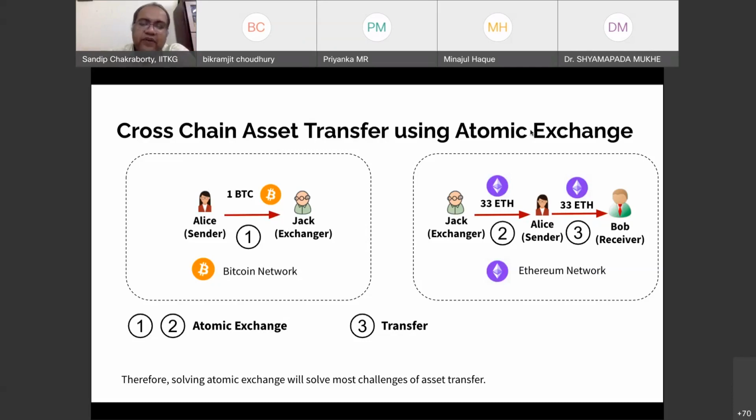So if you can solve this atomic exchange problem, that means I could have a protocol between the sender and the exchanger where either both transactions succeed or both fail, and that will solve my problem of asset transfer from the Bitcoin network to the Ethereum network.